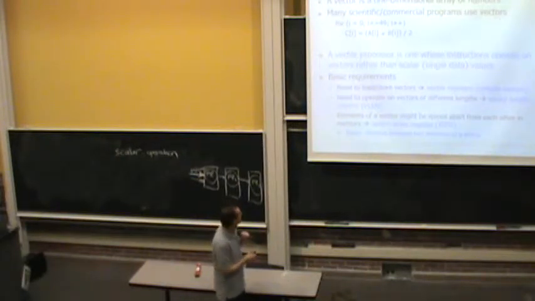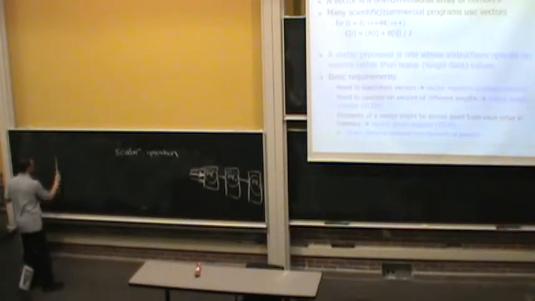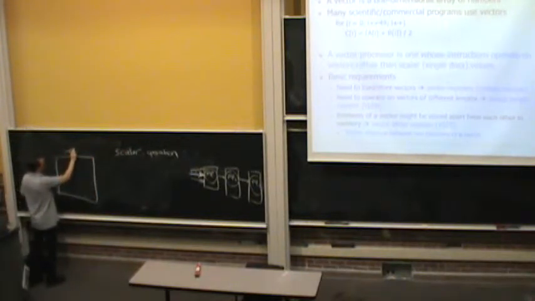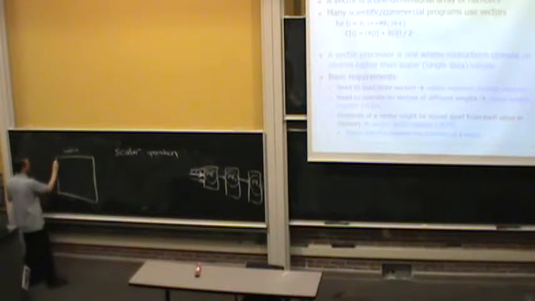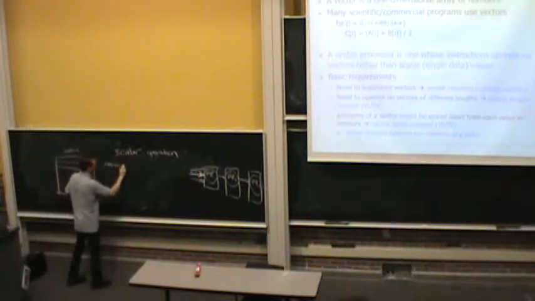Well, with code, basically. And the elements of the vector may be stored apart from each other in memory. And we have a way of specifying this, the vector stride register. Remember the picture I put on board last time? Why does this happen? Well, it can happen due to many reasons, but you can have a matrix that's stored in row major order, if you will.